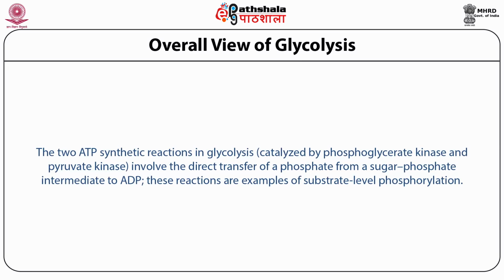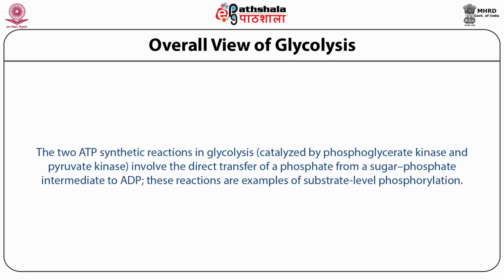The 2 ATP synthetic reactions in glycolysis, which are catalyzed by phosphoglycerate kinase and pyruvate kinase, involve the direct transfer of phosphate from sugar phosphate intermediates to ADP. These reactions are examples of substrate level phosphorylation. Why is it called substrate level phosphorylation?